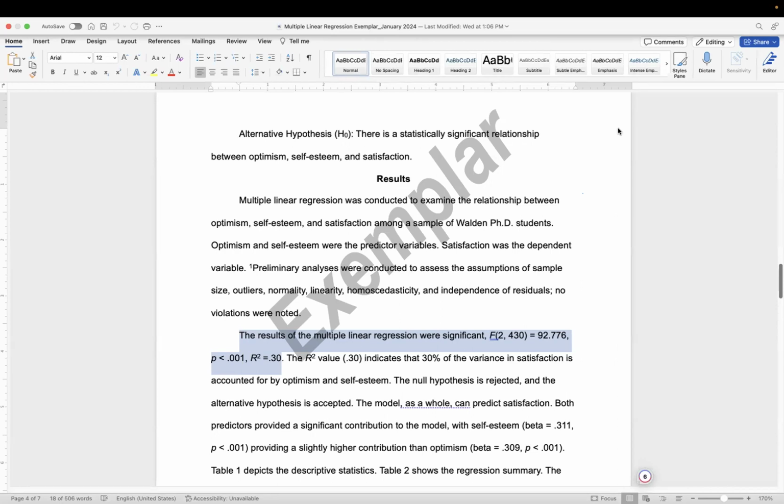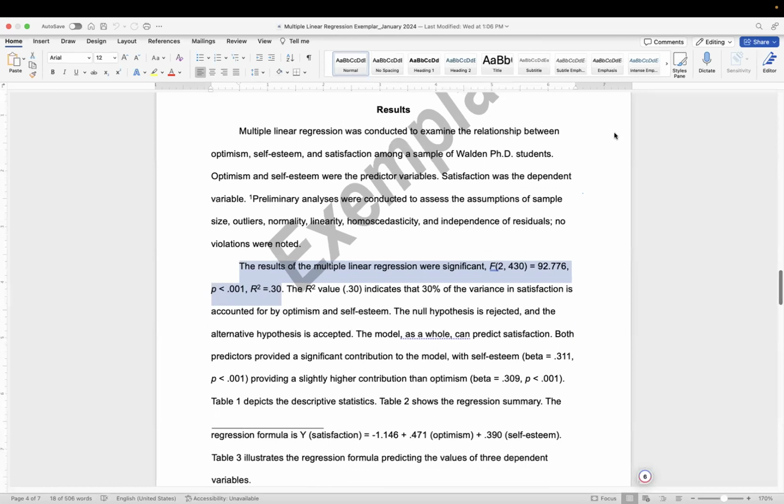Bingo. See that? Experts. Now, remember when I talked about the strength of the predictor variables, how one might have been stronger than the other? You see what I did here? I said both were significant. I'm going to highlight this in yellow. Both were significant, but I said self-esteem, in the beta, remember, that's that standardized coefficient, provided a higher contribution than optimism.